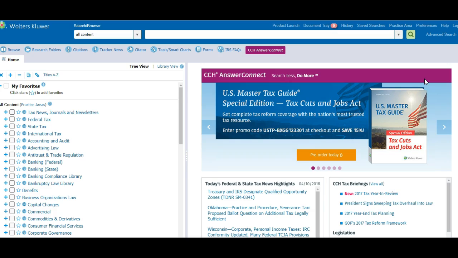But as I said, because of all that filing I told you about that has to happen, a lot of organizations are moving to access this material online, as well as the obvious advantages to keyword searching and availability at 2 a.m. when you're in your pajamas at home. Not that you really want to be researching at 2 a.m. in your pajamas, but you get the idea. So CCH covers a whole lot of different areas.